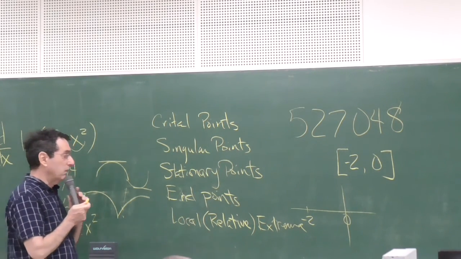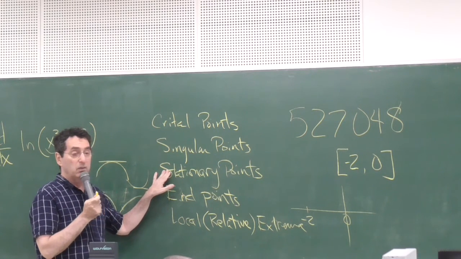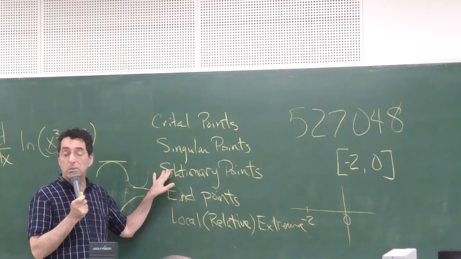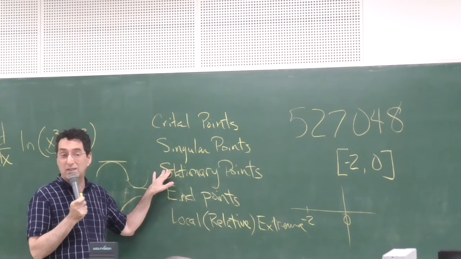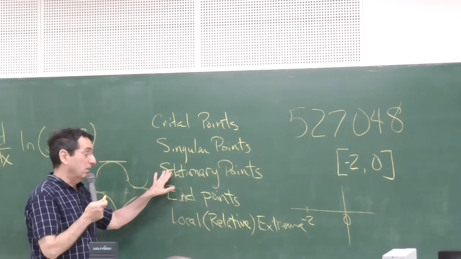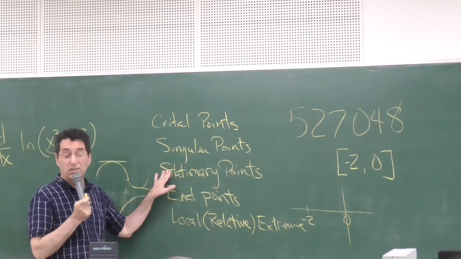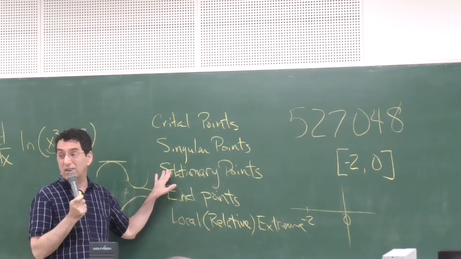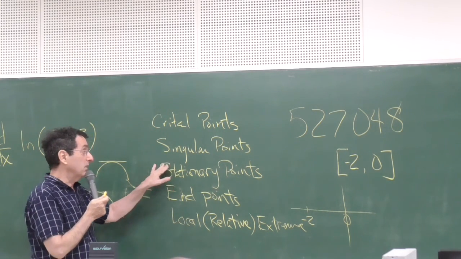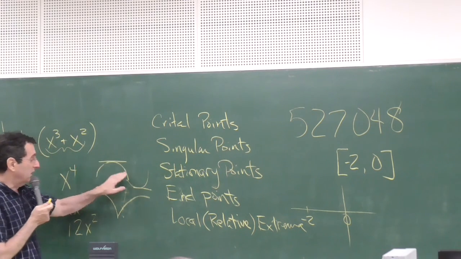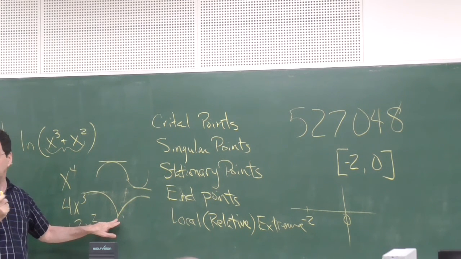Stationary points are the places where the slope is 0, where the tangent line is flat, which means where the derivative is 0. That's stationary points.